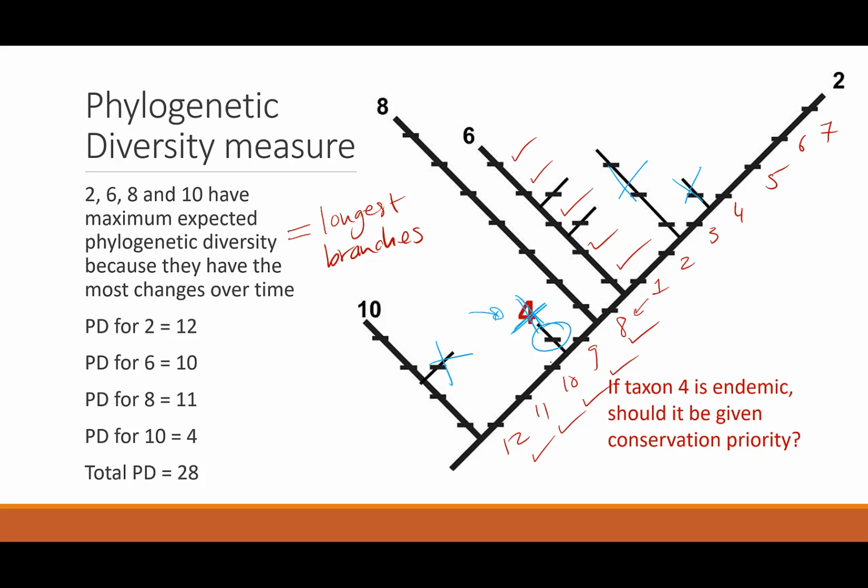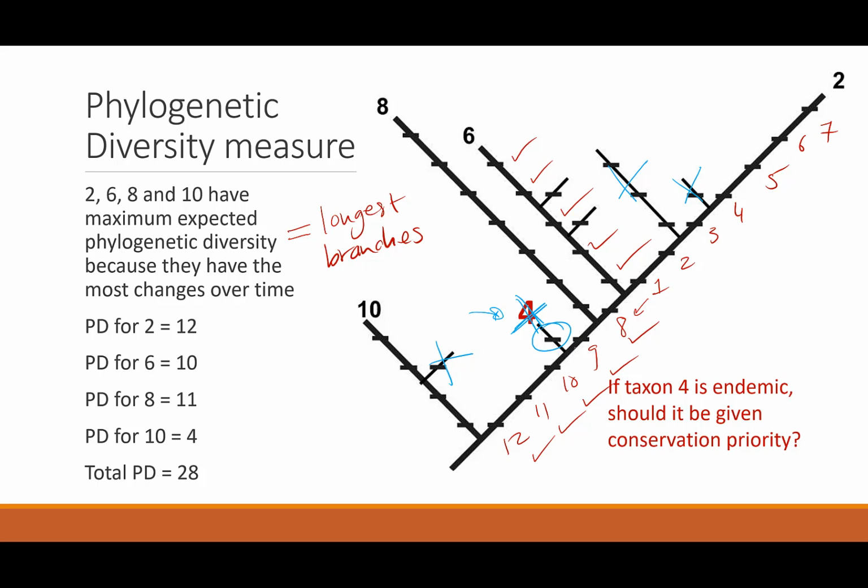They're not perhaps on the red list. What if we got rid of branches 10, 8, 6, and 2? We would lose all of that phylogenetic diversity just to save an endemic species that really isn't that phylogenetically unique. So hopefully you understand this idea of phylogenetic diversity.